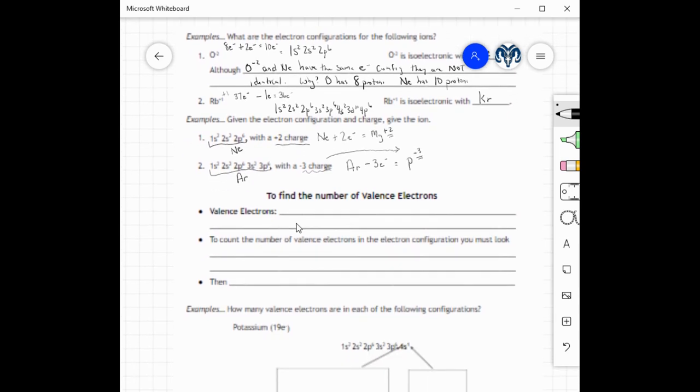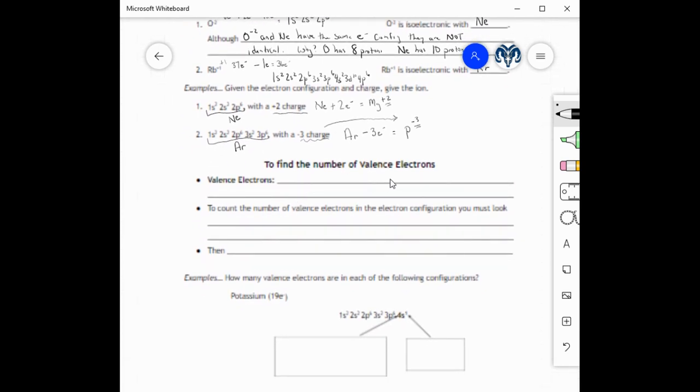Okay, so the next one, we're going to talk about valence electrons. Valence electrons are on the outermost shell. Valence electrons are electrons located in the outermost energy level.